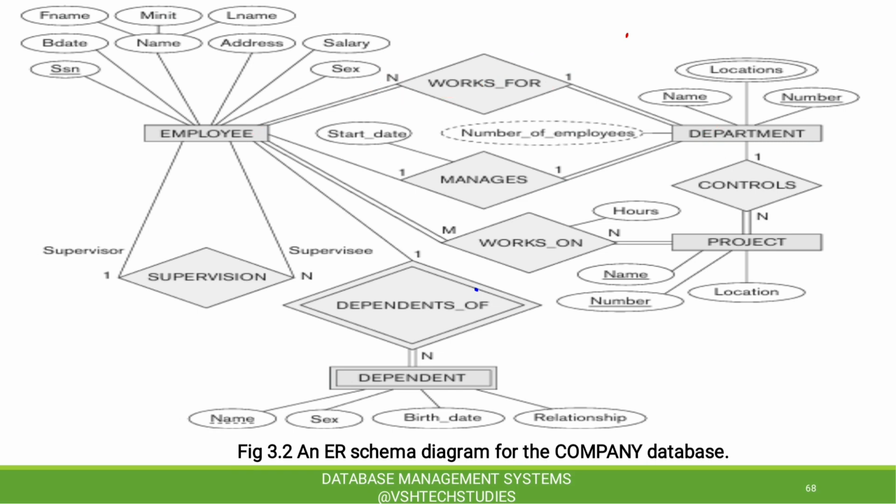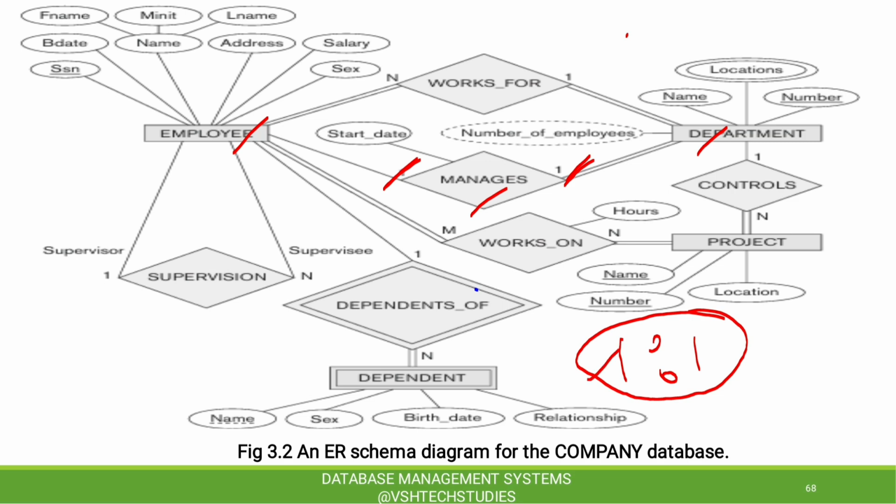Okay. Next, the cardinality ratio of participation in the manages relationship by entities employee and department is 1:1. That is, one employee can manage one department. So that is the cardinality ratio of participation, 1:1 here.